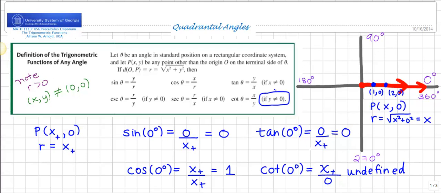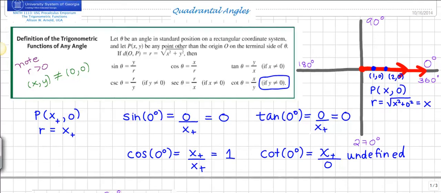Okay, now similarly we could do cosecant and secant. Let me squeeze them in here. I'll try to get them over here. Alright, so secant of 0 degrees is either the reciprocal of cosine, or you could start fresh and you have r over x. Oops, hold on.